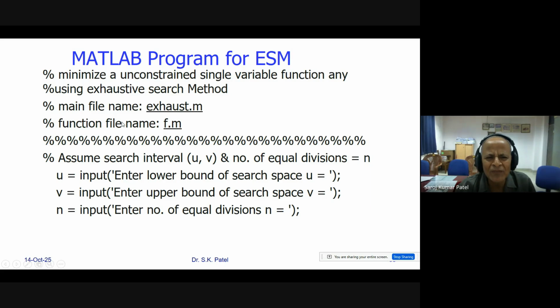And the function file name or subroutine file name is f.m. In MATLAB, every file has the extension .m, m for MATLAB. Both for the main file as well as for the function file, the extension should be .m. So when you write f of x within brackets, it means we are calling that function file f.m.